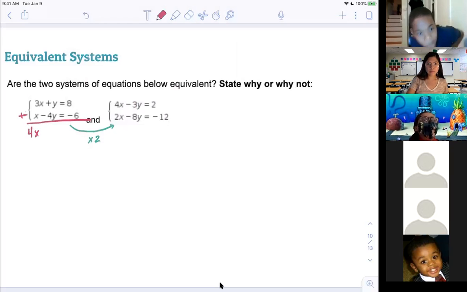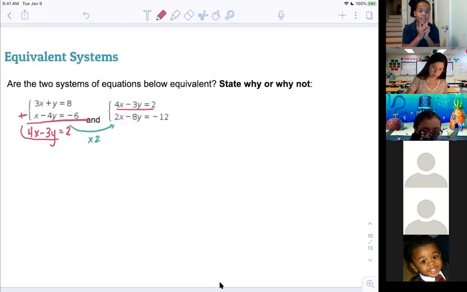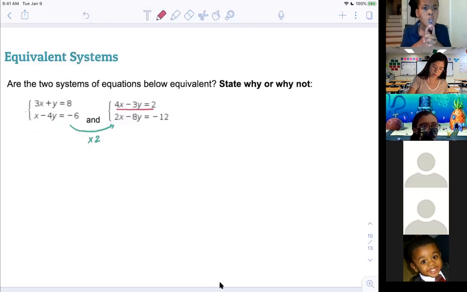I have y plus negative 4y, so negative 3y. And then I have 8 plus negative 6, which is 2. Notice how that's the equation I have. So adding and subtracting also give you equivalent systems.